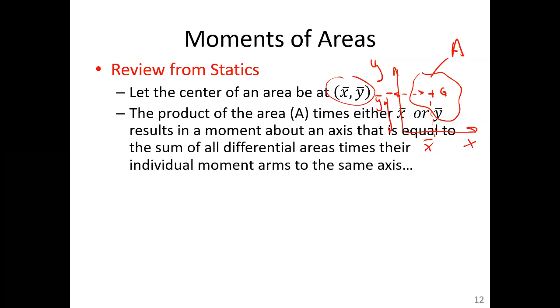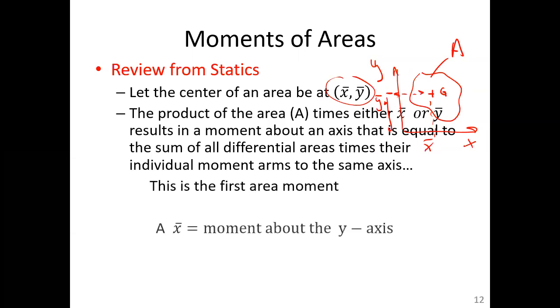And we could take A and multiply it by x bar, and that would be the moment of the area about the y-axis. That's known as the first area moment. So again, A x bar is the moment about the y-axis, and A y bar is the moment about the x-axis.